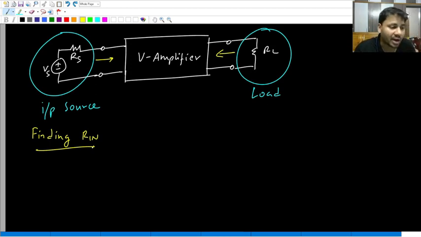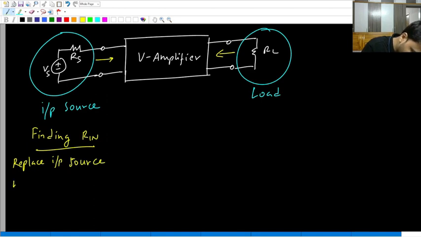Anyway, so Rin is what? The equivalent resistance seen by the input source, for which you should replace the input source with voltage source Vt and find Vt by It.